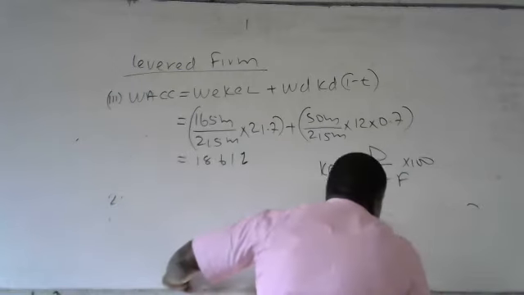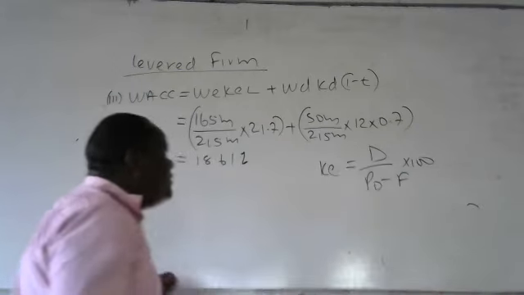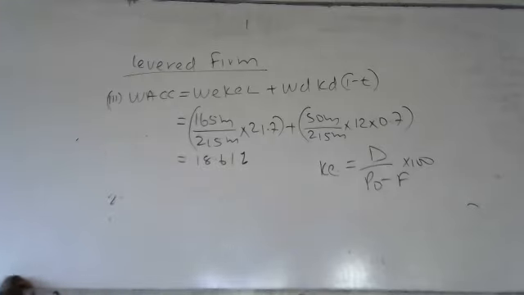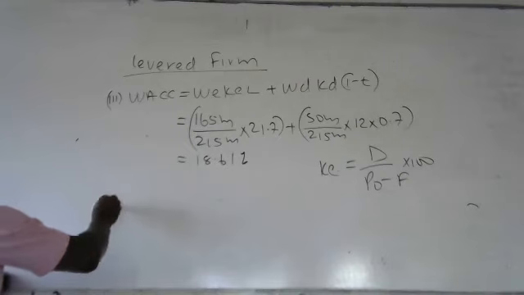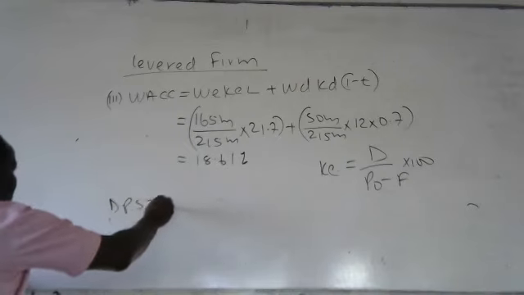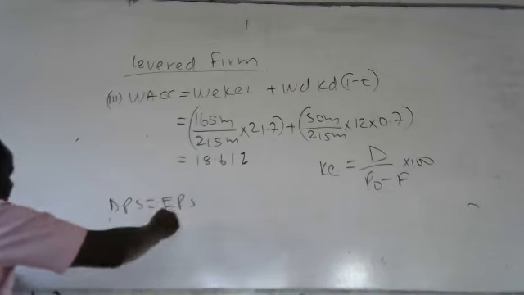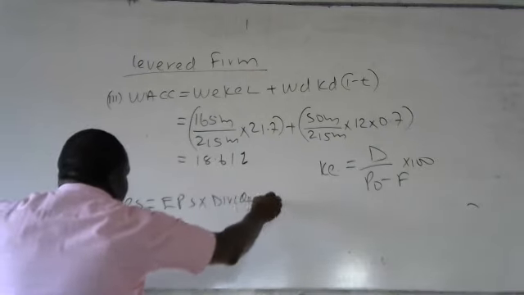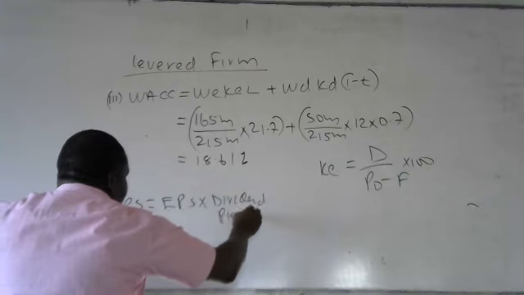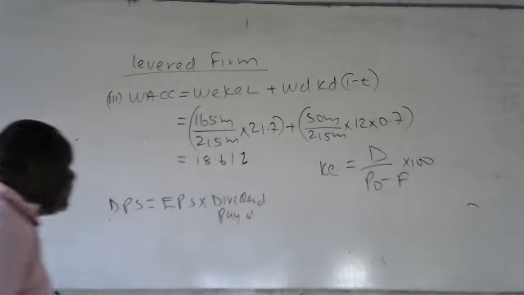So the question had given you the earnings per share. Are you able to see the earnings per share? So dividend per share is given by earnings per share multiplied by the dividend payout ratio. The question says the firm will adopt a 100% dividend payout ratio.